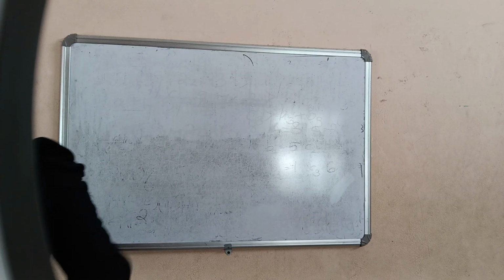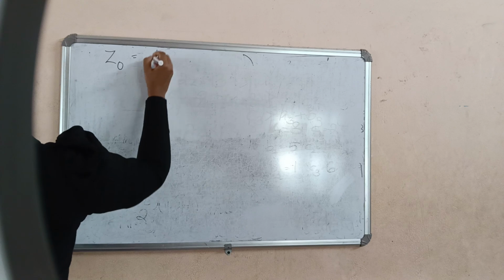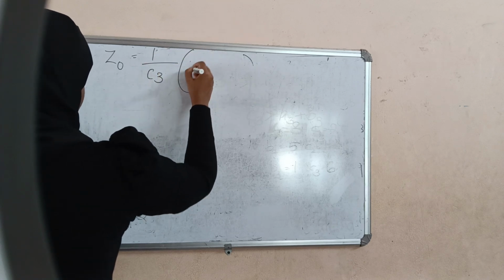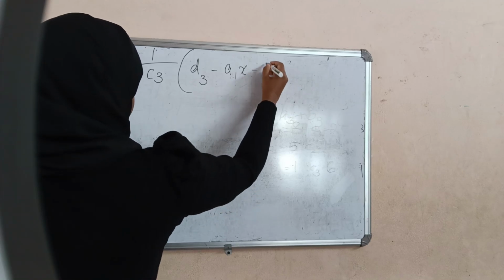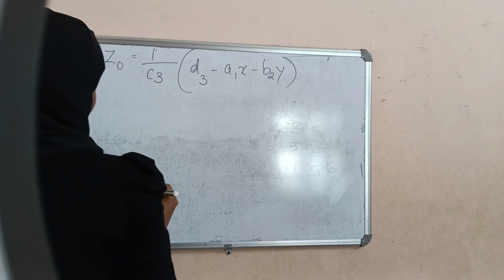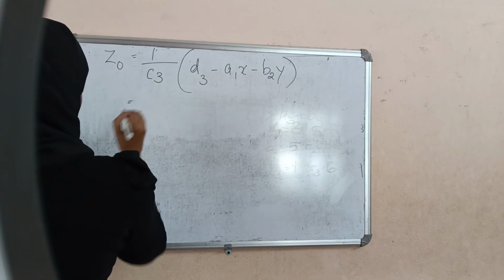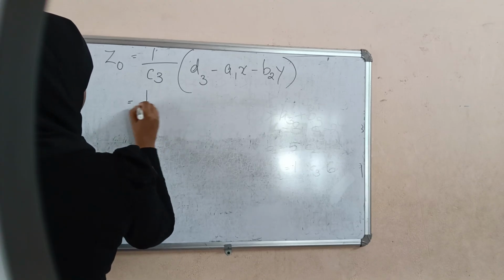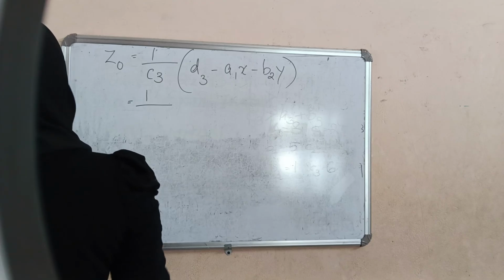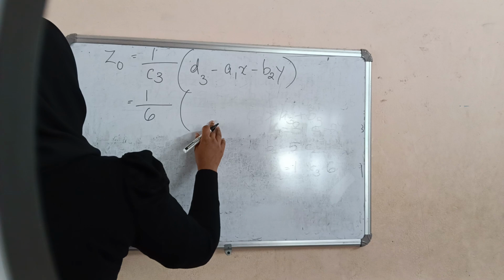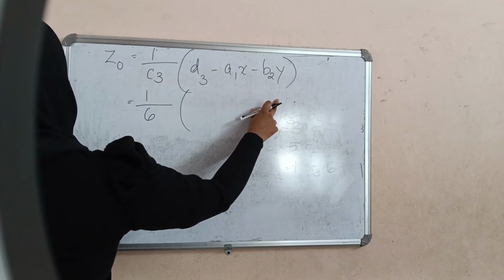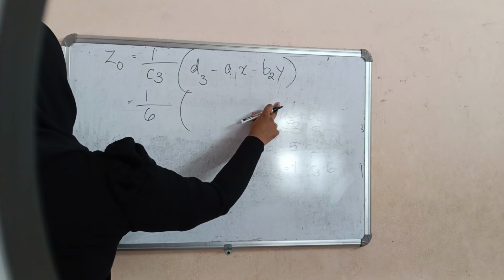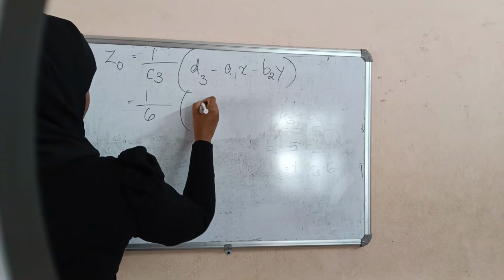Now let's calculate Z0. Z0 will be 1 by c3 into d3 minus a1x minus b2y. 1 by 6 into, since this is not applicable, we can take 9.